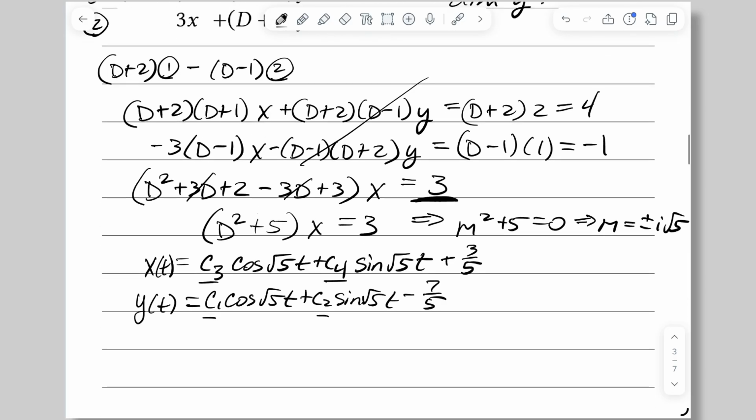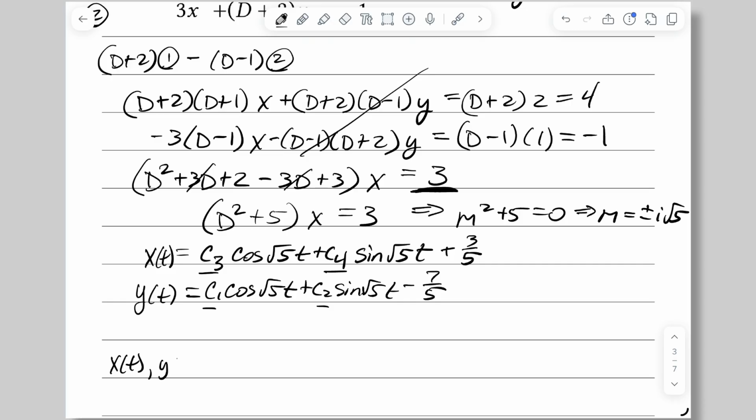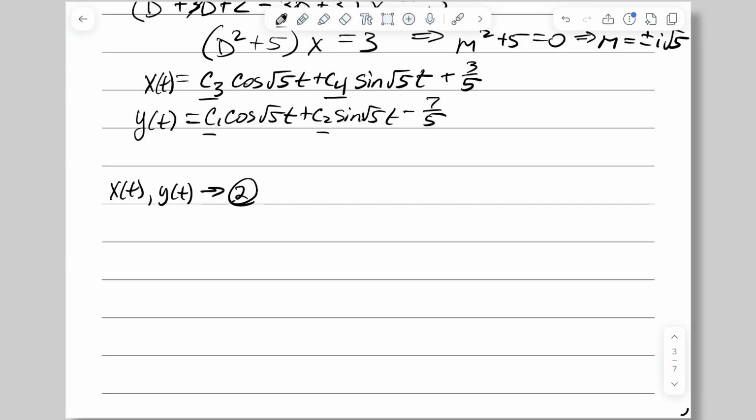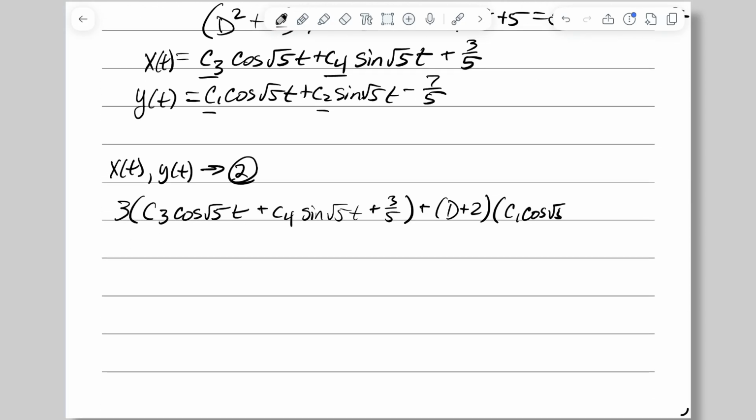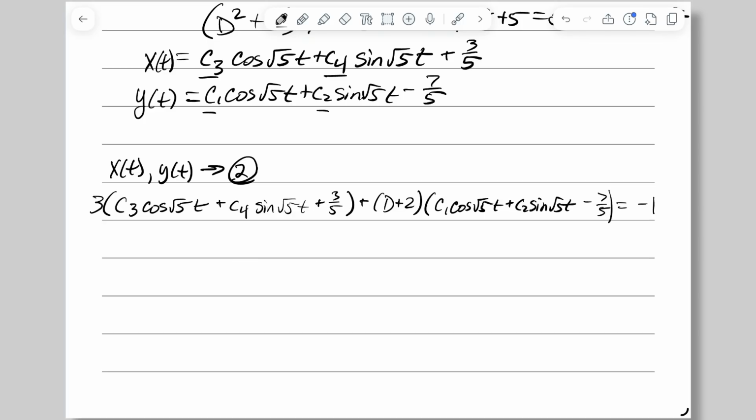And if we take x of t and y of t and put them into equation 2, what that'll look like is 3 times (c3 cosine root 5t plus c4 sine root 5t plus 3/5) plus (d plus 2) acting on (c1 cosine root 5t plus c2 sine root 5t), minus 7/5 is equal to -1. Oh, parenthesis there. Wanted all of that on one line.